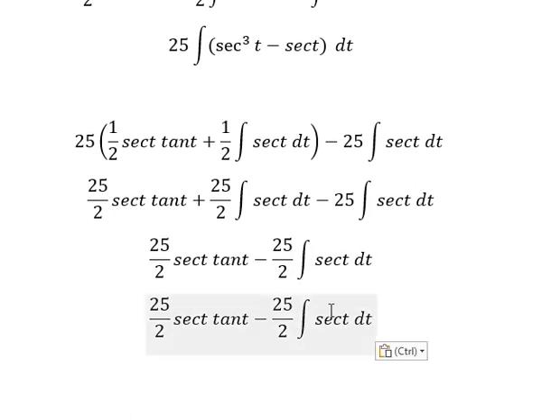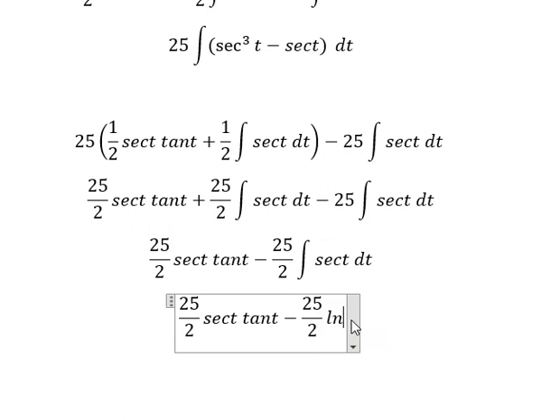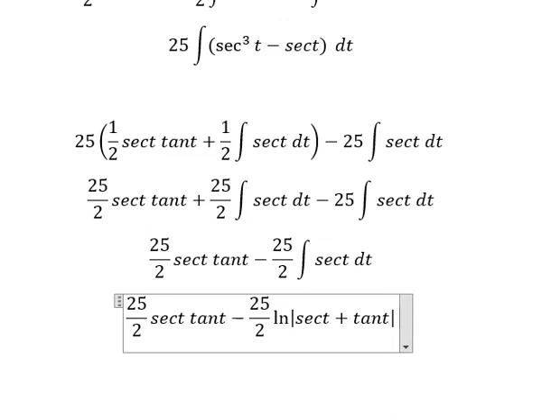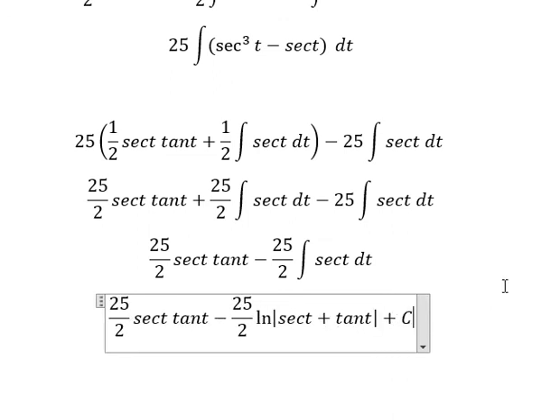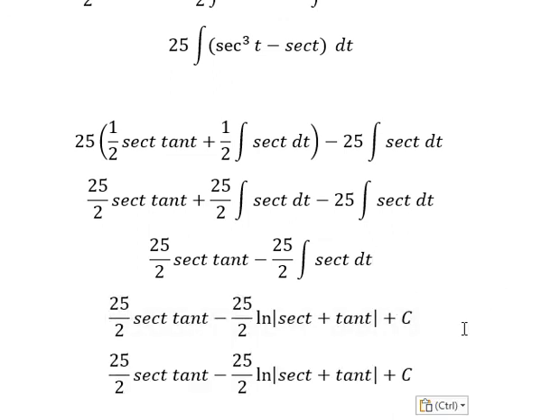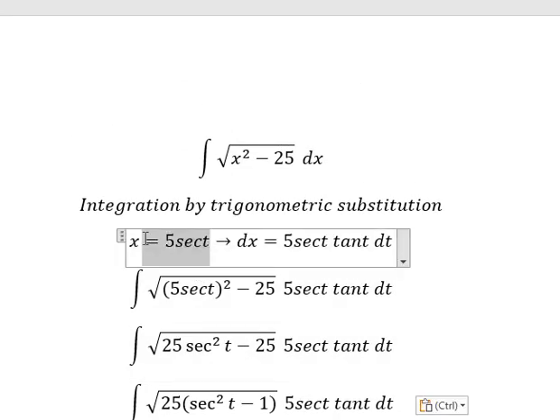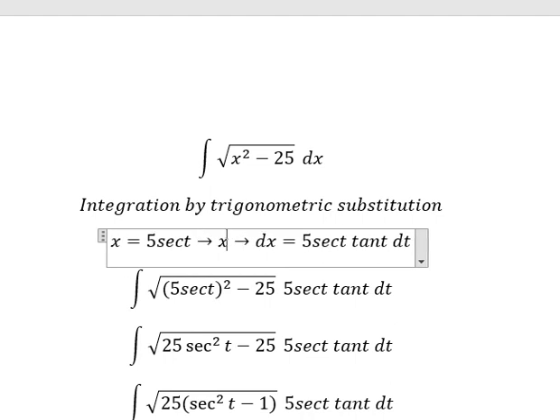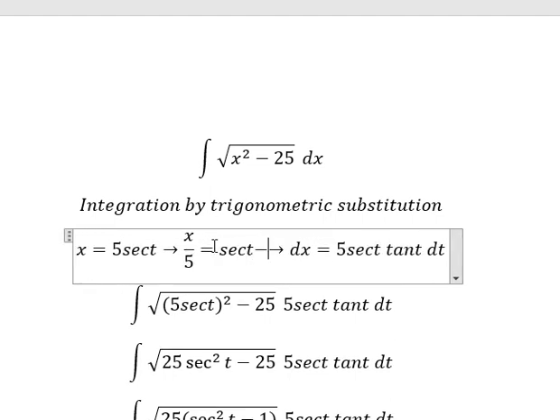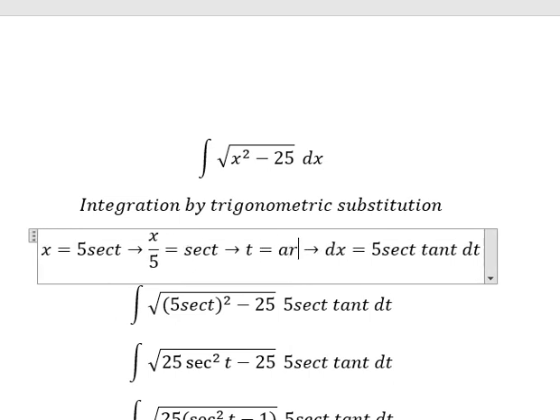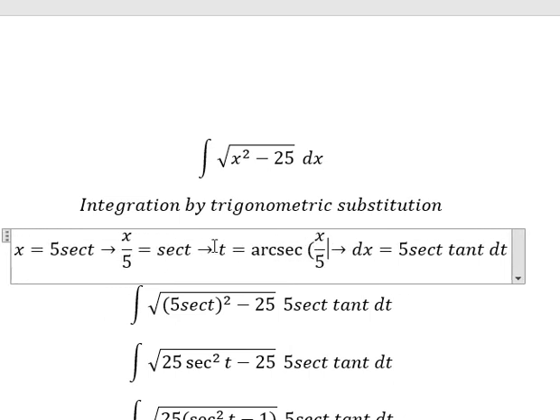So the integration of this one, we have ln of the absolute value of secant of t plus tan t, and I will put c. About t, that is this one. So we need to divide both sides by number 5. And then you got t equals to arcsecant of s over 5.